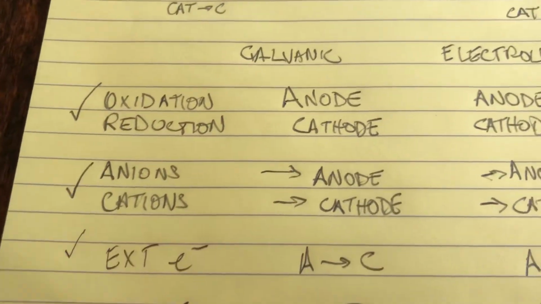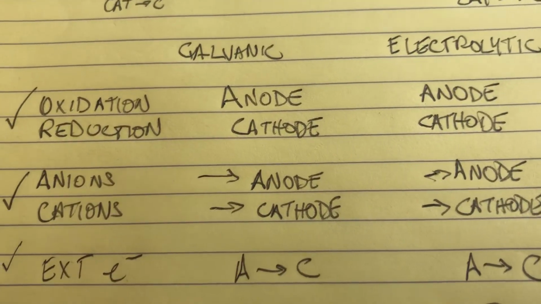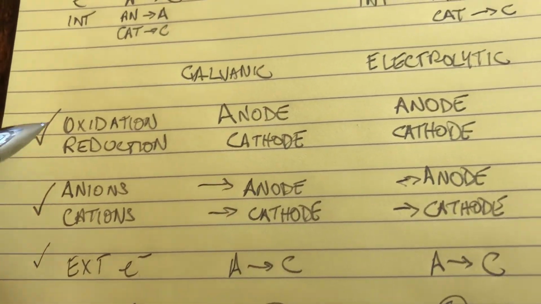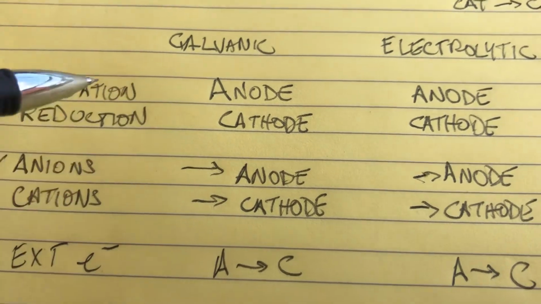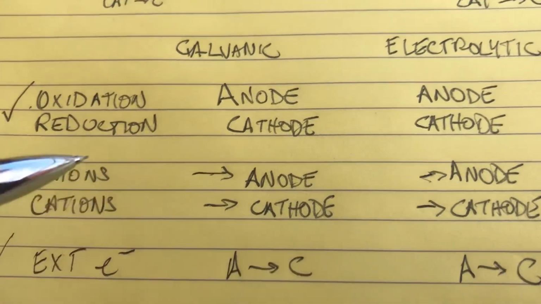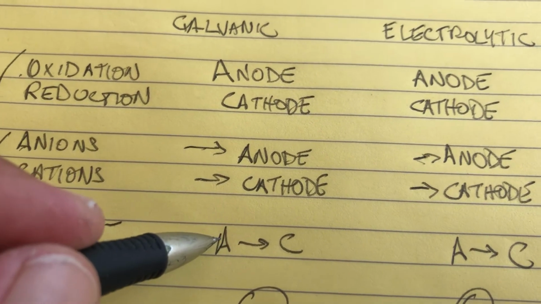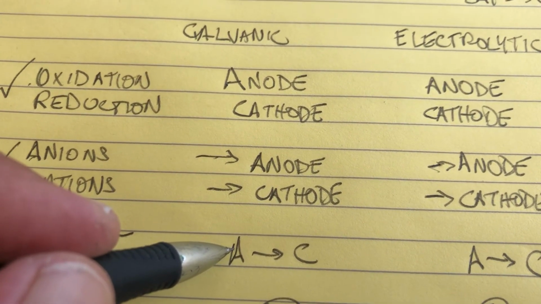So that's the comparison. In both cells, oxidation occurs at the anode, anions move to the anode, and in the external circuit, electrons move from the anode to the cathode.